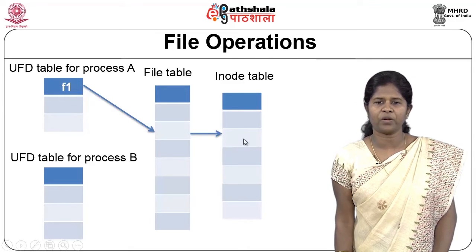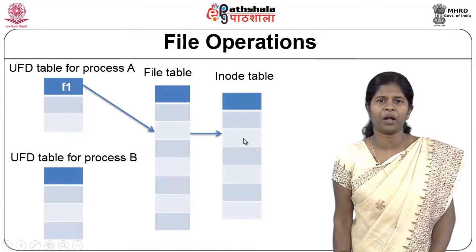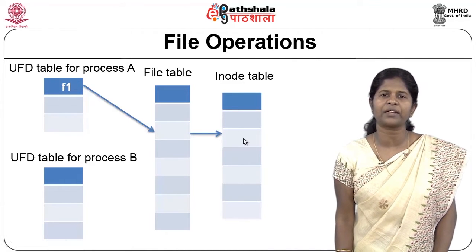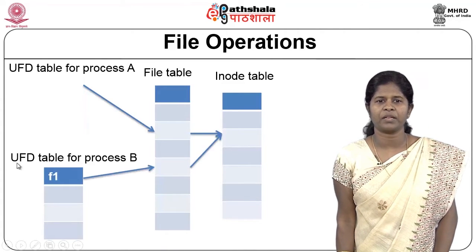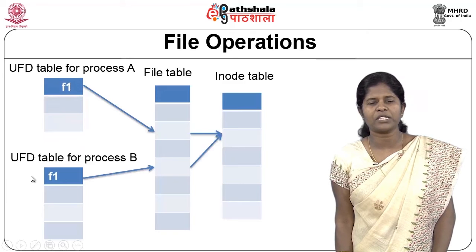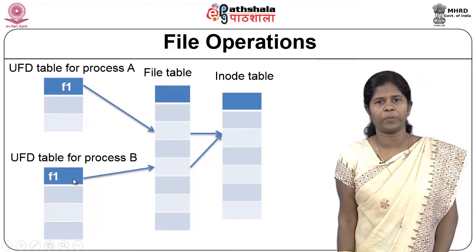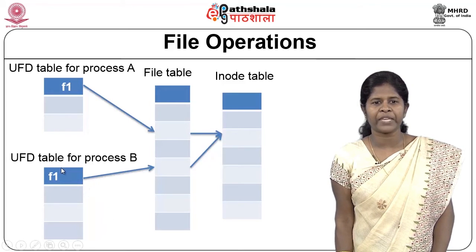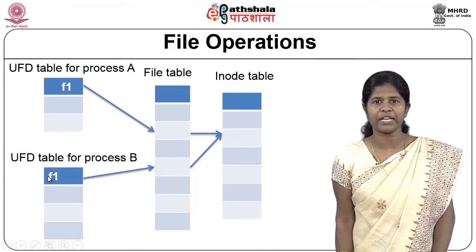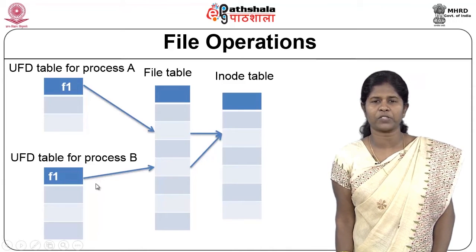This inode will also have information about the location in the disk where the contents of the file are stored. Suppose process B also opens the same file F1. Process B has got its own user file descriptor table, and an entry will be created in the user file descriptor table for process B.